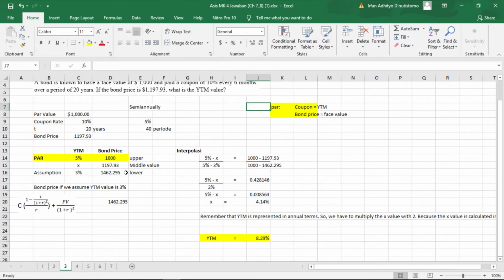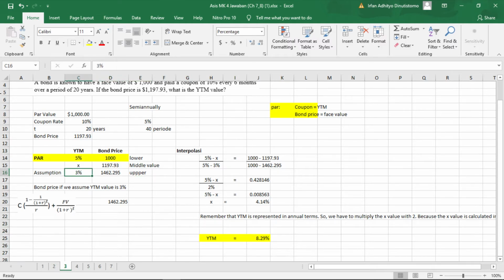Right? So you already have that the bond price is one. Let's say this is low, so you don't get mixed up with the price. So this is the upper value.